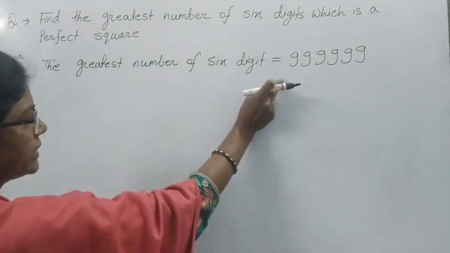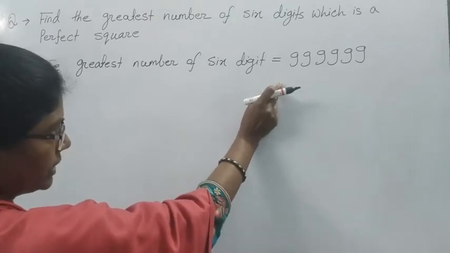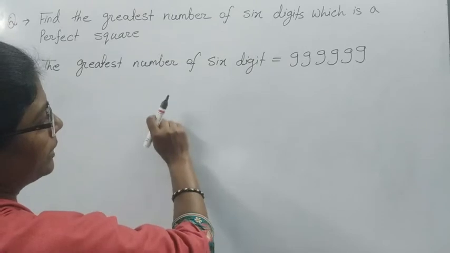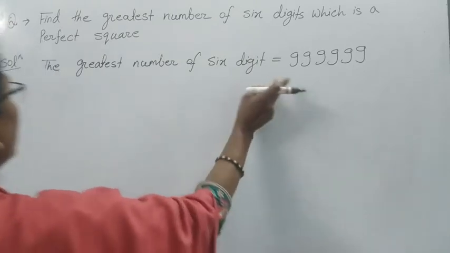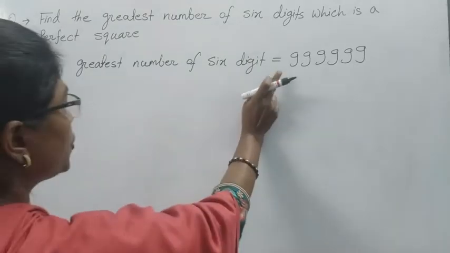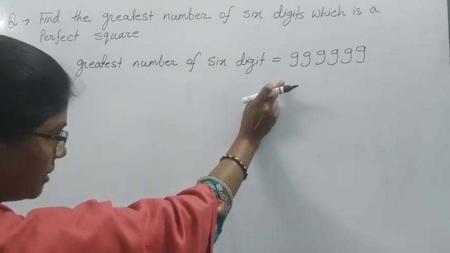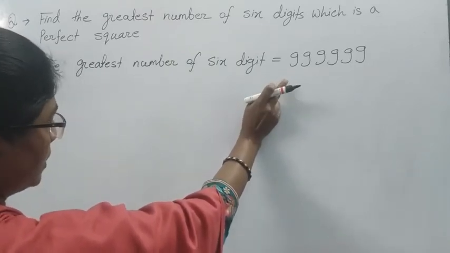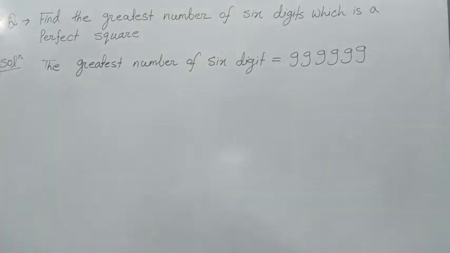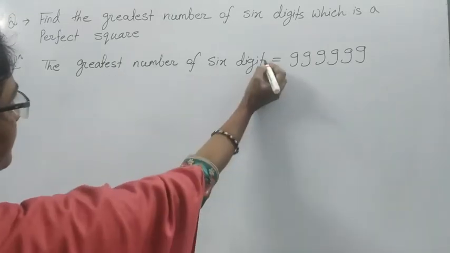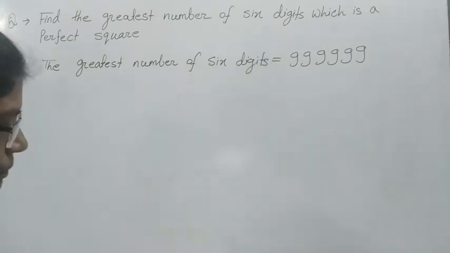But when you look at this number, or when you try to find the square root of this number, you can find that it is not a perfect square. So you have to subtract some number or add some number to get a perfect square number which contains 6 digits and that should be the greatest.